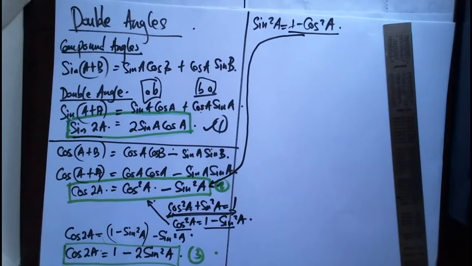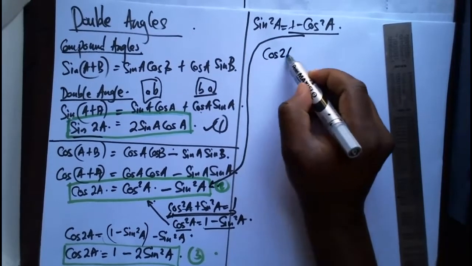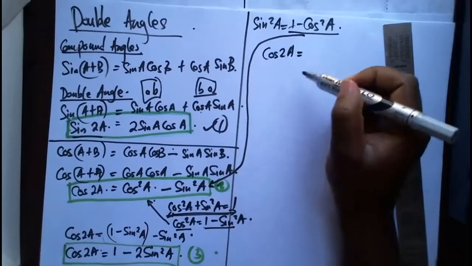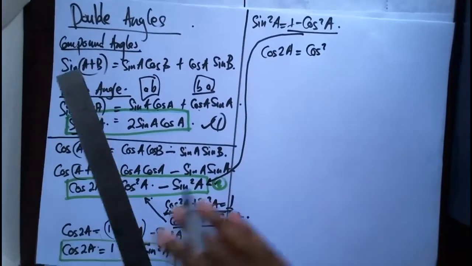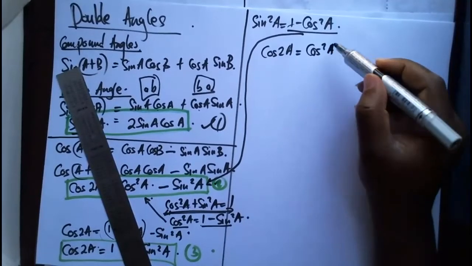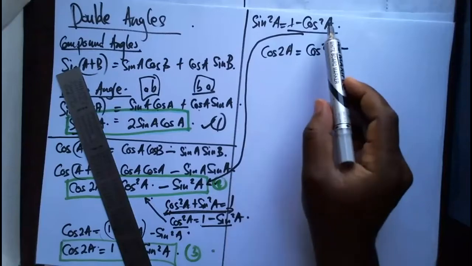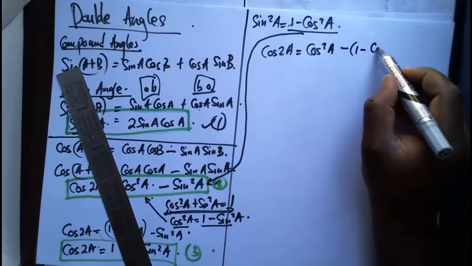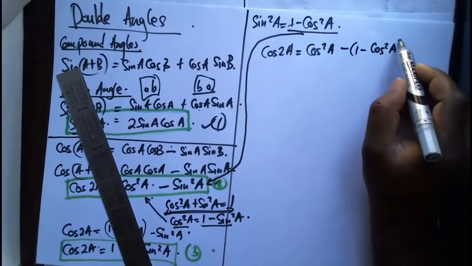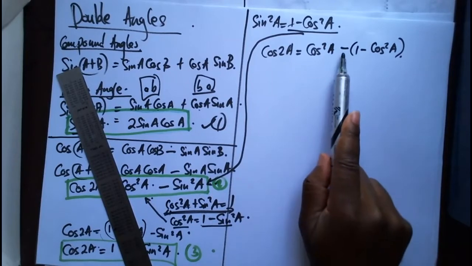If I substitute it in there, then I can now have cos 2A is equal to cos squared A minus, where there is sine squared A, I'm going to substitute with 1 minus cos squared A. The negative I left outside.